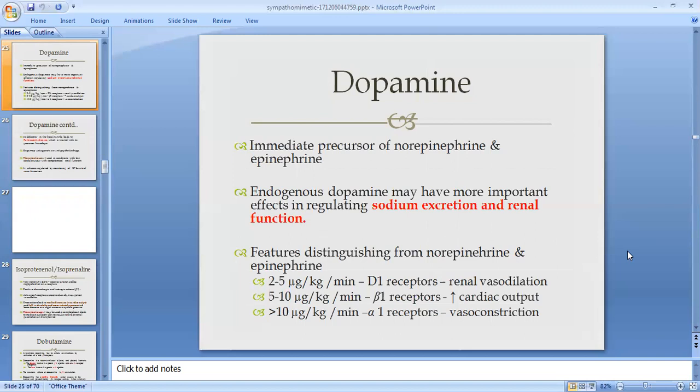At 2 to 5 microgram per kg per minute, it activates D1 receptors, which causes renal vasodilation. At 5 to 10 microgram per kg per minute, it activates beta 1 receptors and causes increased cardiac output. At more than 10 microgram per kg per minute, it activates alpha 1 receptors, which causes vasoconstriction and increase in blood pressure.